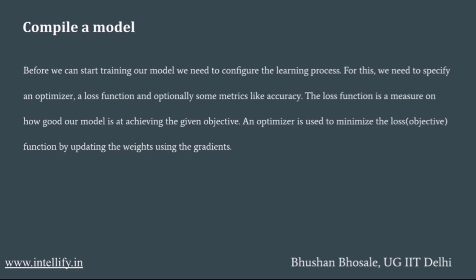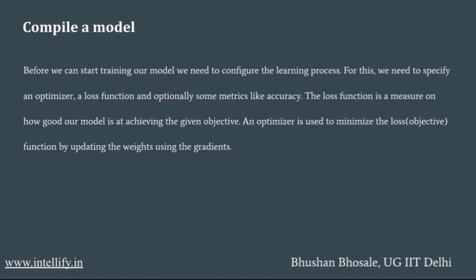Now let us see how to compile a model. Before we can start training a model, we need to configure the learning process. For this, we need to specify an optimizer, a loss function, and optionally some metrics like accuracy. The loss function is a measure of how well our model is achieving the given objective.